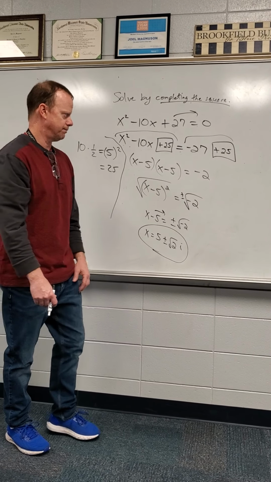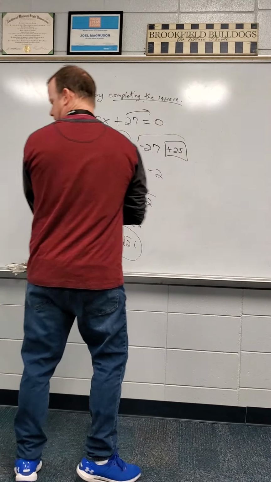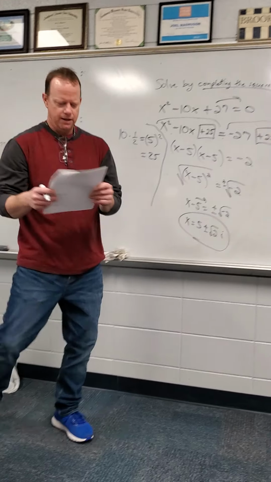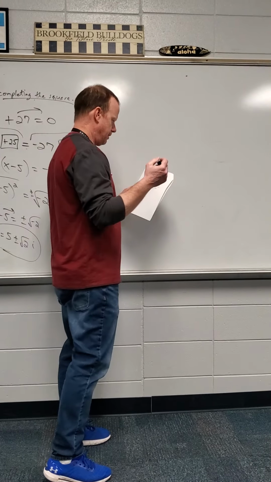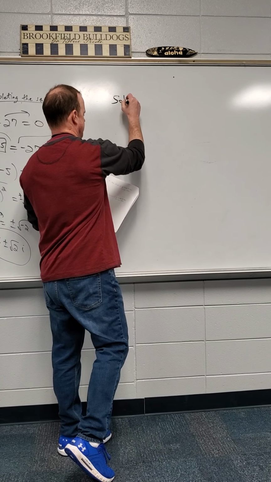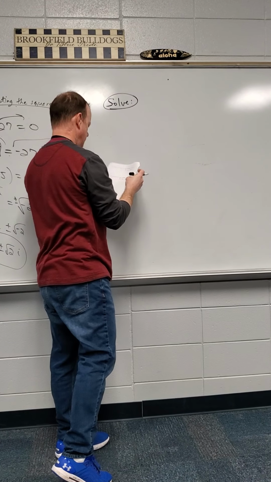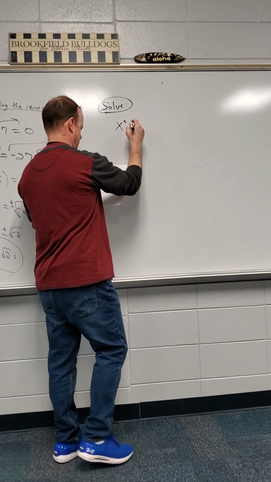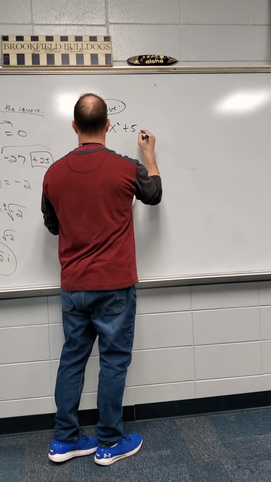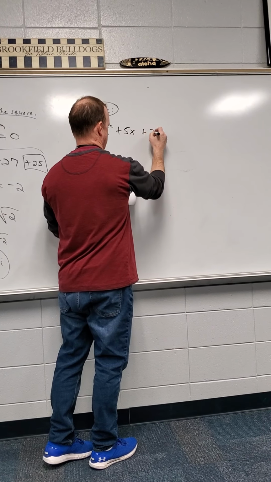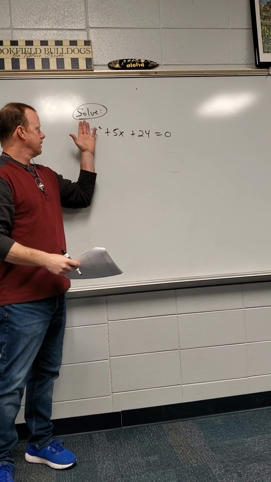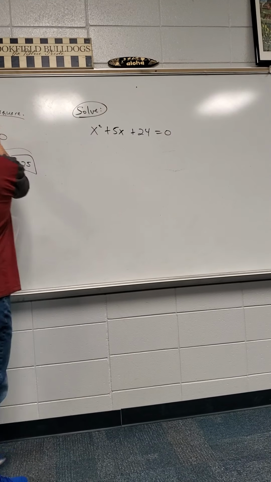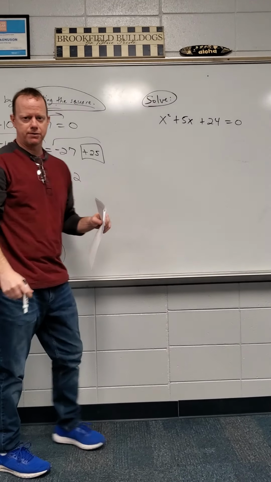So that's that problem. One more problem I'm going to do on completing the square. You'll see why I'm doing this one. This one's just a little harder. So, solve by completing the square again.